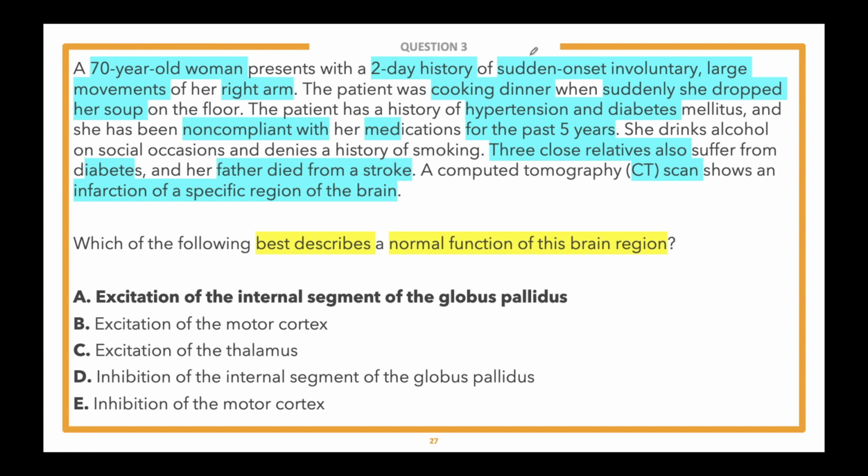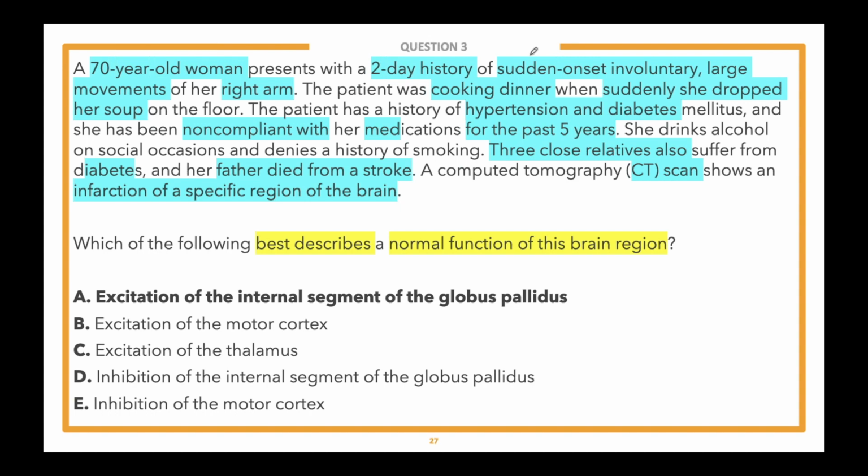So now that we've determined that this patient likely had that type of stroke, in what specific region of the brain? Well, I think we need to look at that large involuntary movements and pick up that this is what we would call hemiballismus, okay? And with hemiballismus, you should really be thinking about specific areas of the brain.